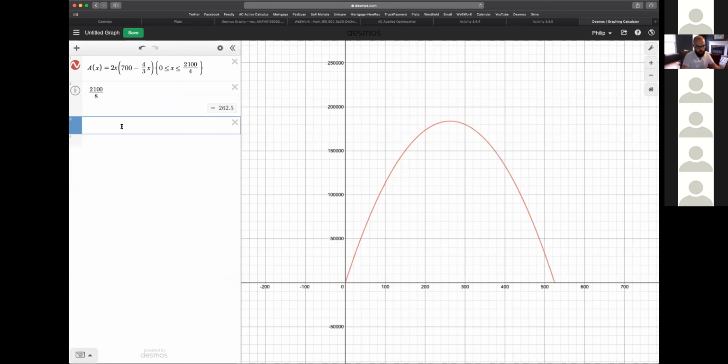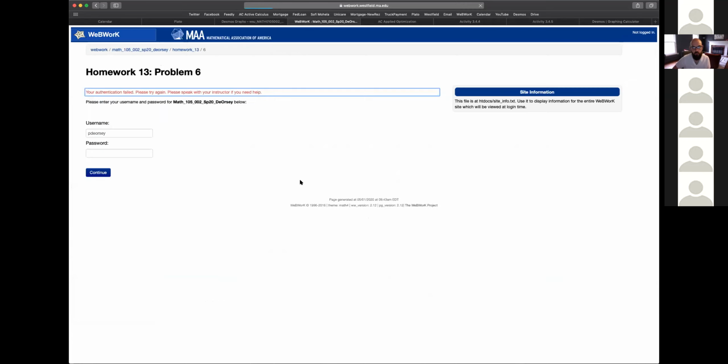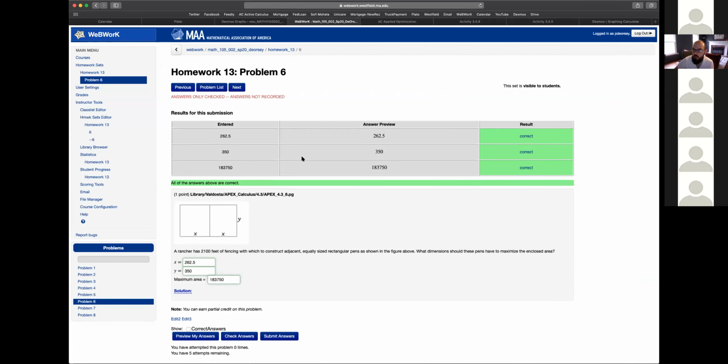Our x value was 2100 over 8, so our y value should be 350. Let's type this in, cross our fingers, and check. Looks like we're good to go.